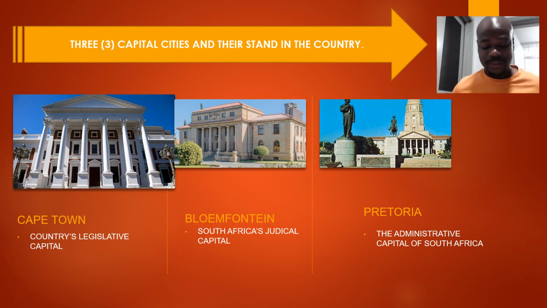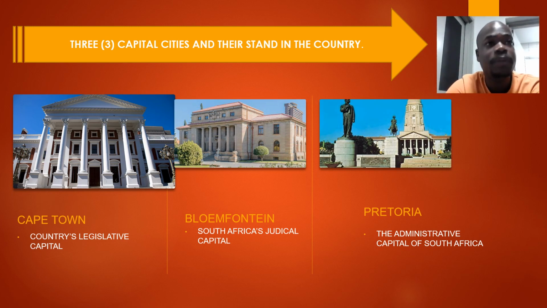Well, guys, on this slide we'll be looking at the three capital cities in the country. Remember, guys, South Africa is a country. It is believed to be one of the few countries in the world that divides its governmental power amongst its cities. These cities are Pretoria, Bloemfontein, as well as Cape Town.